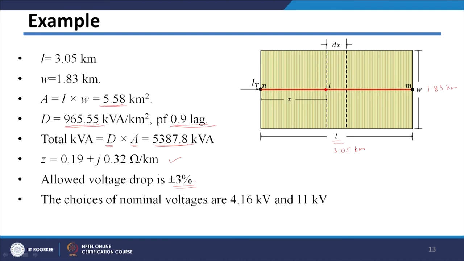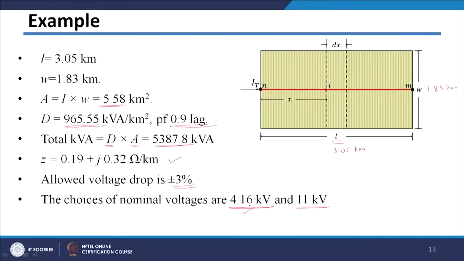For this particular load of 5387.8 kVA, we want to know which voltage is suitable. Either we have to use 4.16 kV as the nominal voltage for the feeder, or 11 kV.